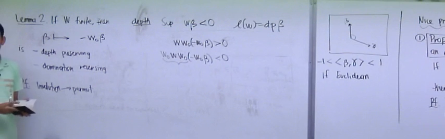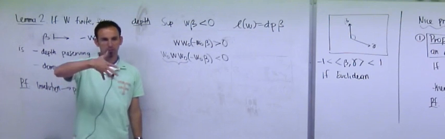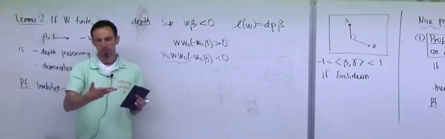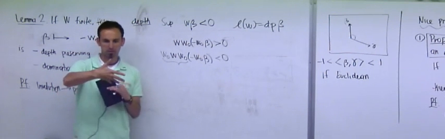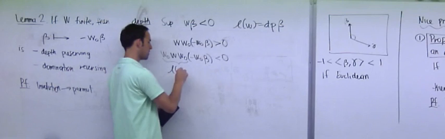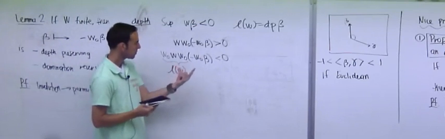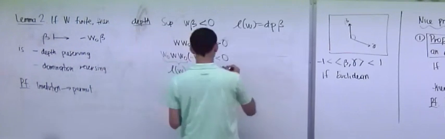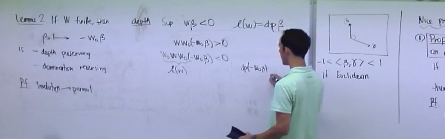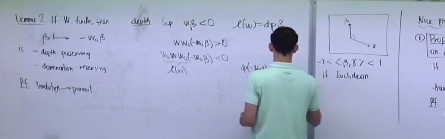Well, if you remember what multiplication by W naught does, either on the left or on the right, it flips the poset. And so what I'm doing is I'm flipping the poset, and then I'm flipping it over in some other way, but the ranks are reversed and then preserved. So this thing has length equal to the length of W. So I just produced a group element that sends this guy into a negative, and so that means that the depth of my new guy, the depth of minus W naught beta, is at most the length of W, which is the depth of beta. Okay.